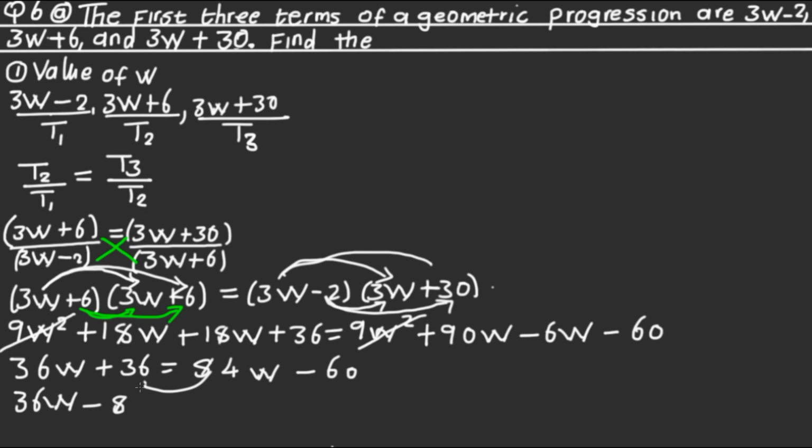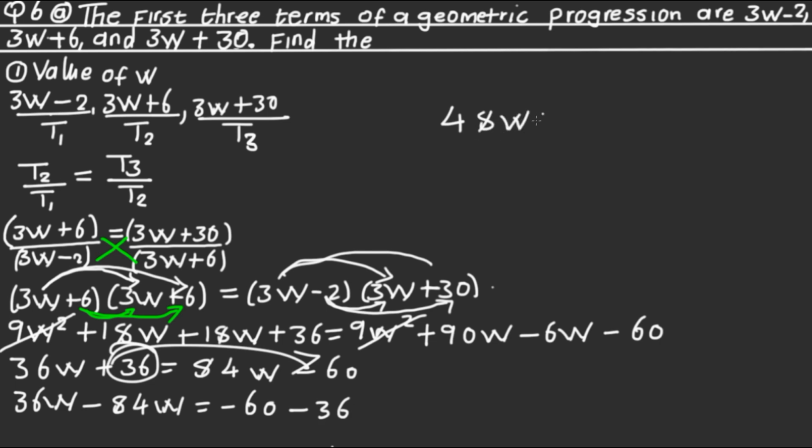If this shifts to this side, the sign will change. So minus 84w is equal to negative 60. Then this will shift to this side, giving us negative 36. So positive 36 minus 84, we are going to subtract. So 84 minus 36 will give us 48w.